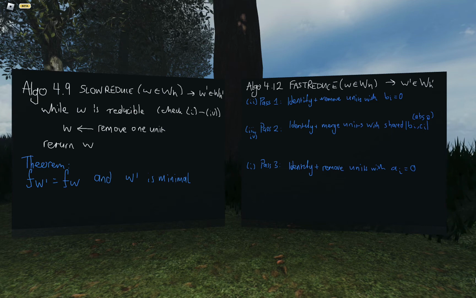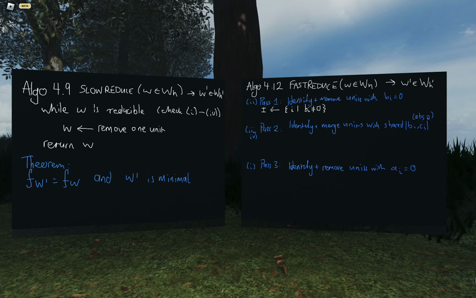I guess it's as simple as just defining a set of units that we're going to continue with, which I'm going to call I. And I'll let that be the set of units such that BI is not equal to 0. In this abstract pseudocode, it's enough to just define this set. But if you're thinking about an implementation, this is like a linear operation where you just scan through the list, check if each vector is 0. And if it's 0, you discard it from the list that you're considering. And if not, you keep it.